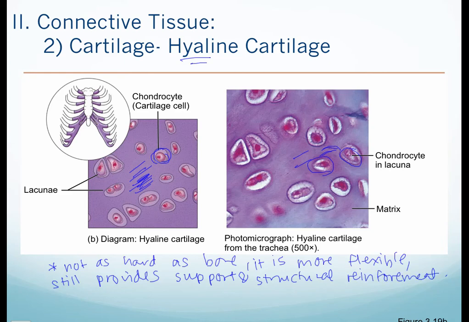Okay. Here is a great example. Here you have your ribs. Here is your breastbone, so your sternum and manubrium. Okay, and in order for these to connect, we're going to have this hyaline cartilage. So hyaline cartilage connects your breastbone to your rib bones over here.